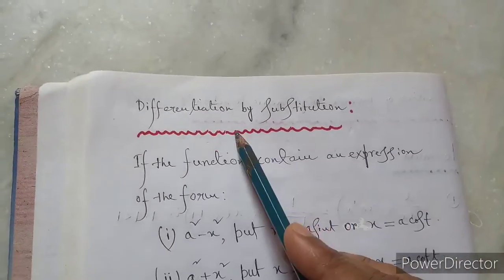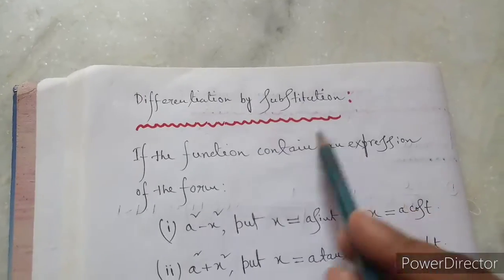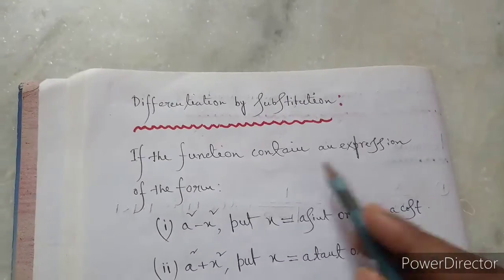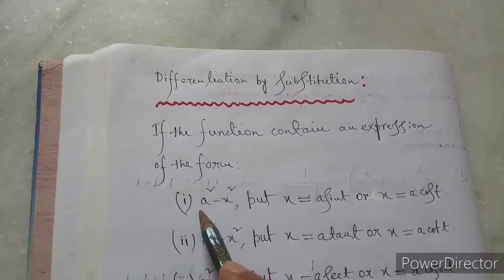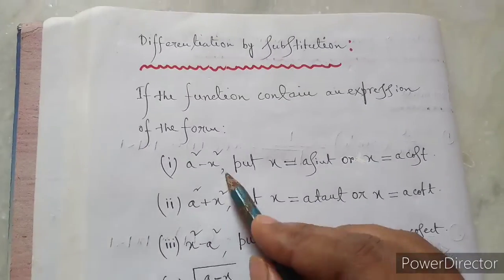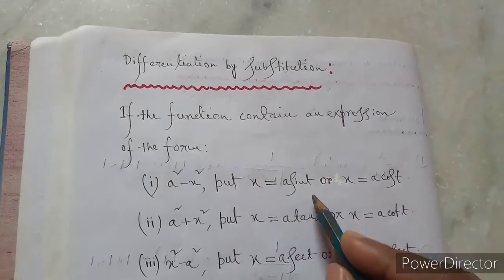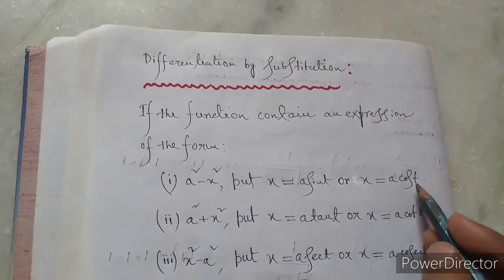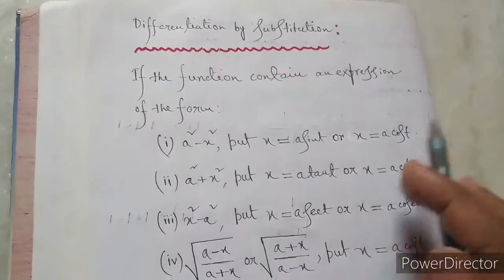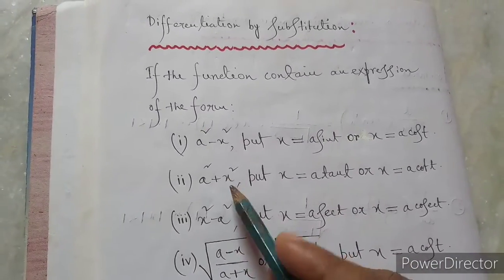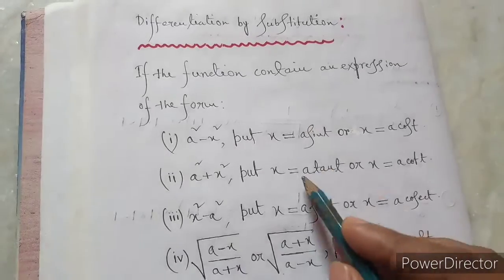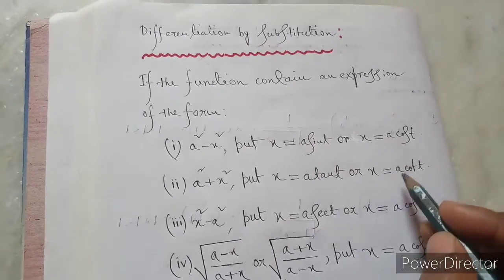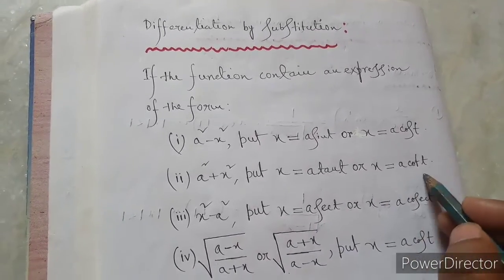So differentiation by substitution. Number 1, if the function contains an expression of the form a square minus x square, then we put x equal to a sin t or x equal to a cos t. Number 2, if the expression is a square plus x square, then we put x equal to a tan t or x equal to a cot t.